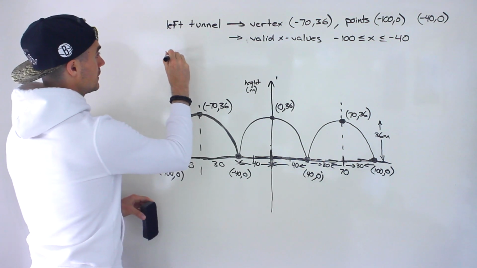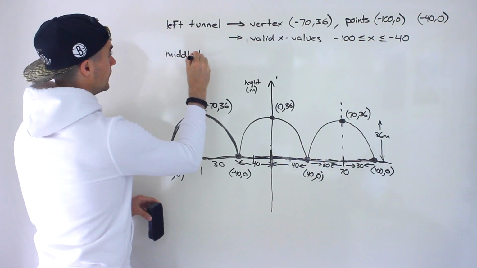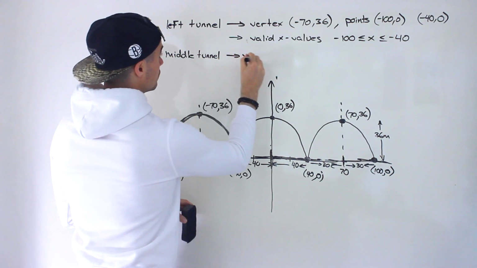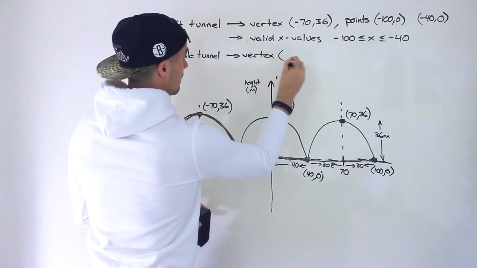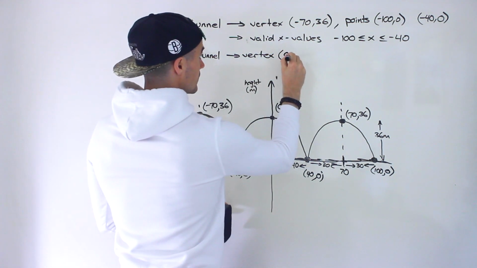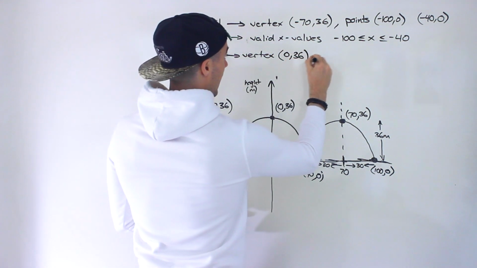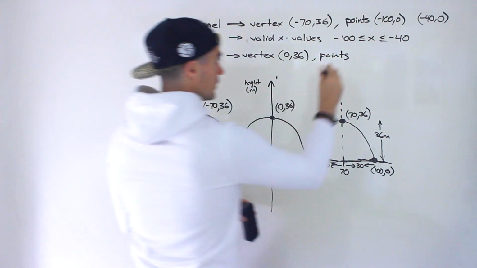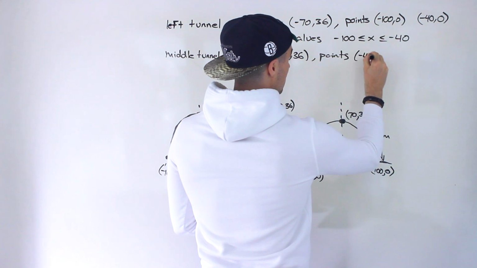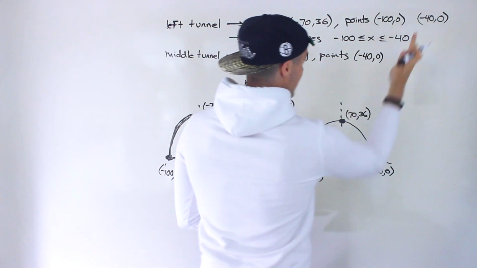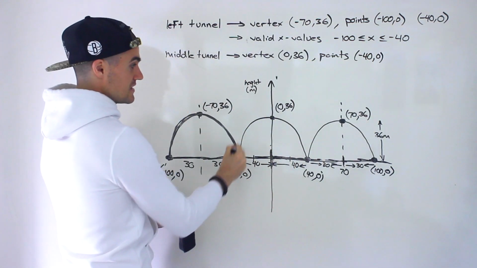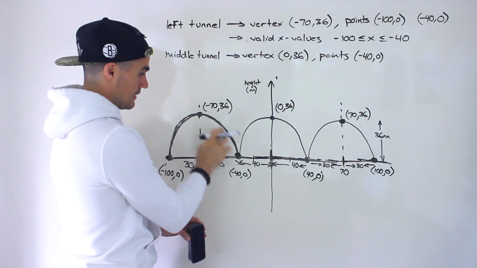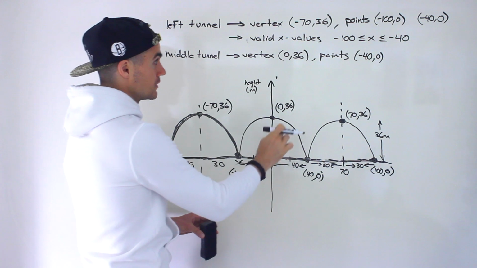Now, what about the middle tunnel? What are the characteristics? So we got a vertex at 0 and 36, and then we have 2 points we can use. We got -40 and 0, which is actually the same as that point, because remember, the beginning of this tunnel represents the end of this left tunnel, right? The end of the left tunnel represents the beginning of the middle tunnel.